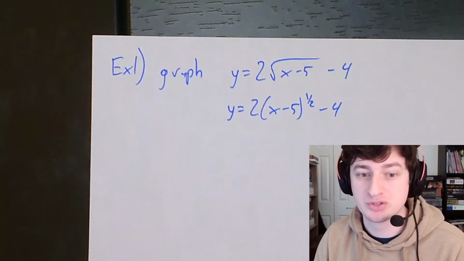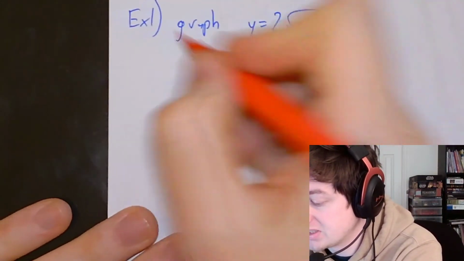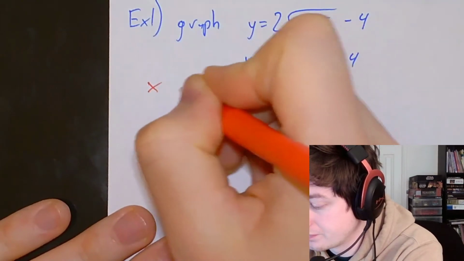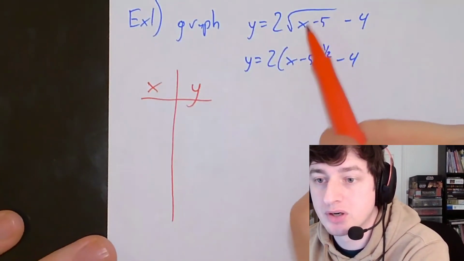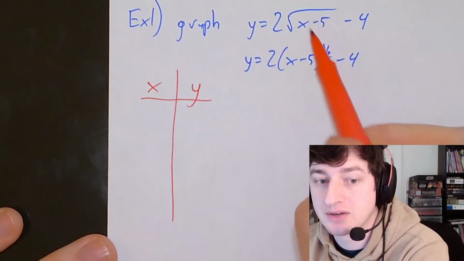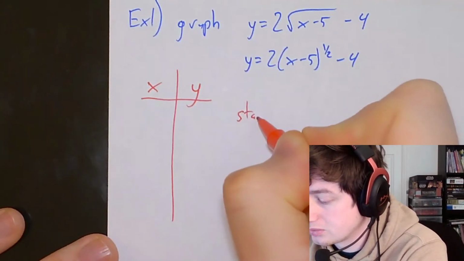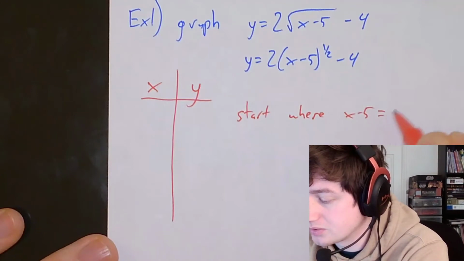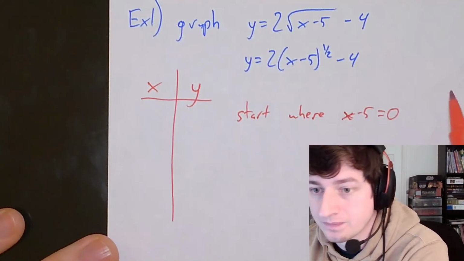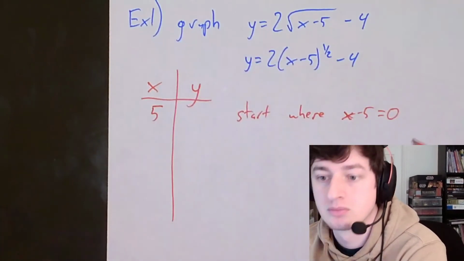Okay, and I'm actually going to start not at 0 in my table. I'm going to start at whatever number makes x minus 5 equal 0, which means I'm going to start at 5.